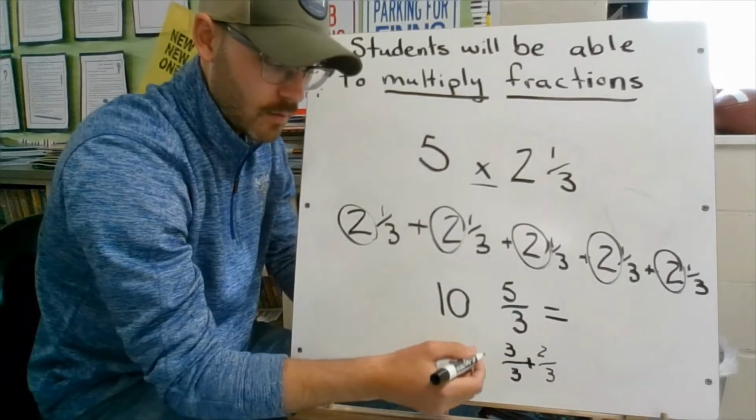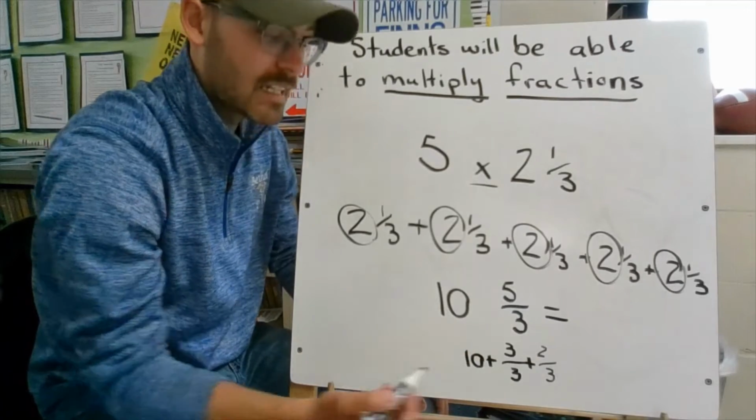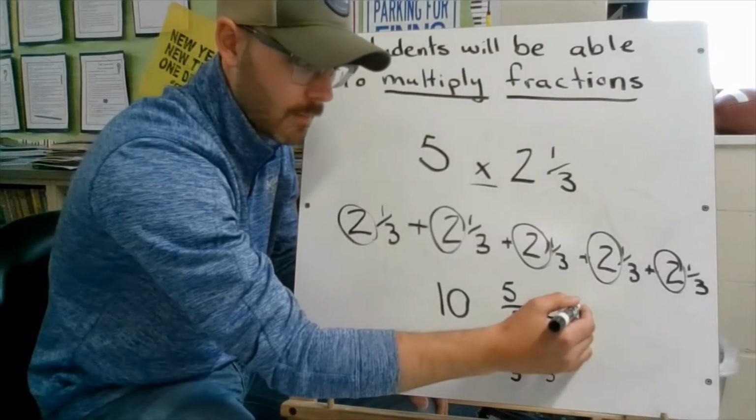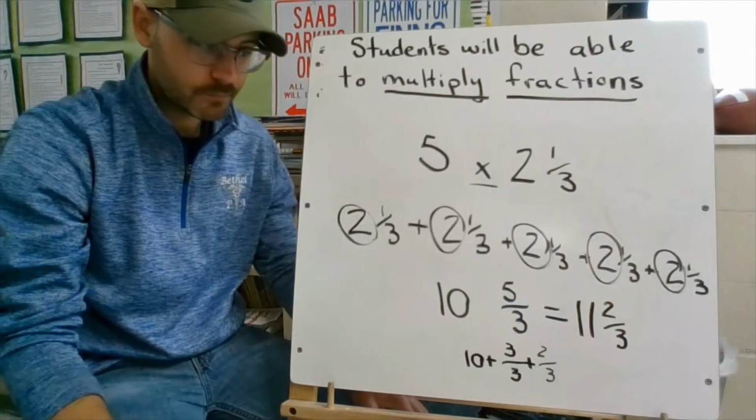So 10 plus 3/3 is 11, plus 2 more thirds makes 11 and 2/3.